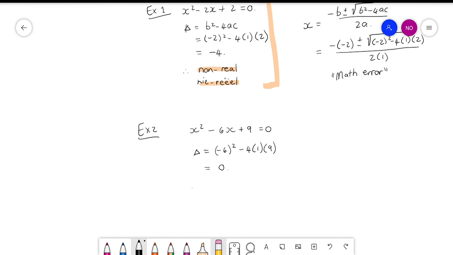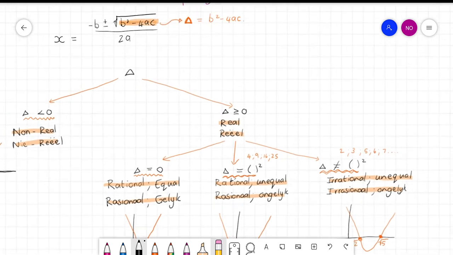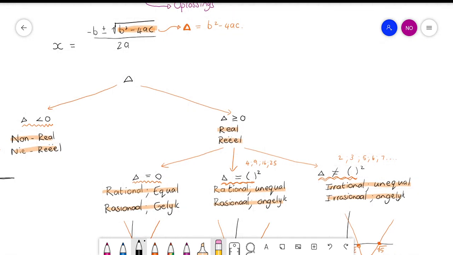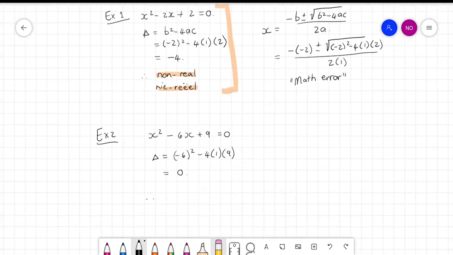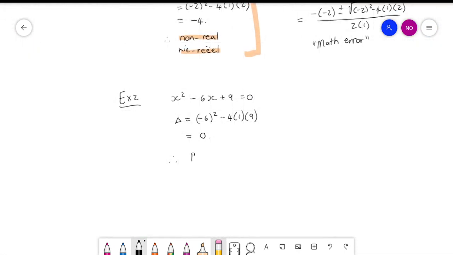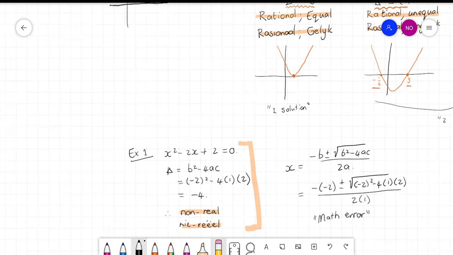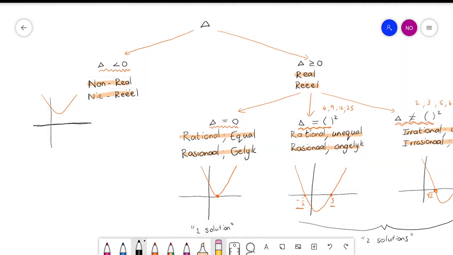Okay, nou gaan ons weer terug na ons vloeidiagram toe. So it's bigger than or equal to 0. So the first thing I'm going to write down is that it is real. Gaan skryf hom vir jouself neer. Okay, now I have to see. It's either equal to 0, or it is equal to a complete square, or it's not equal to a complete square.